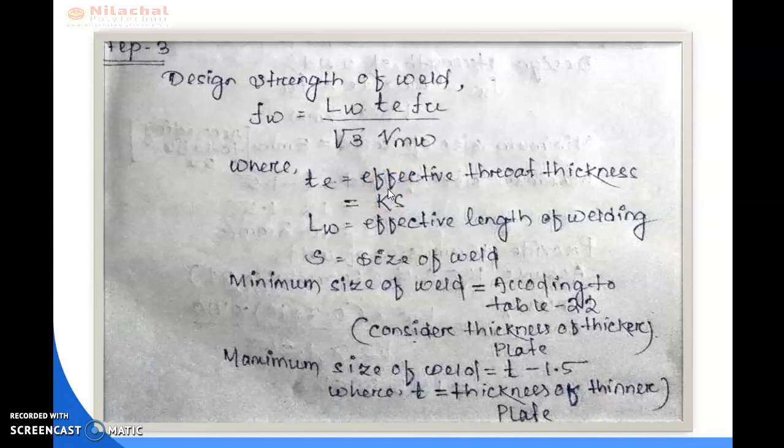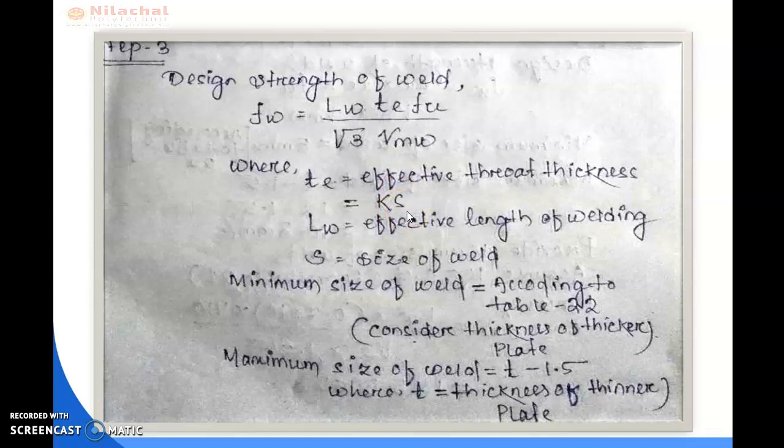According to the angle provided in welding, you can take the value of K. In the general case, we will take the value of K as 0.7. That means if the angle of the fusion face of the welding lies between 60 and 90 degrees, then you can take the value of K as 0.7.